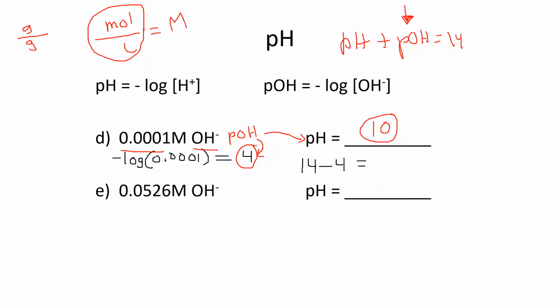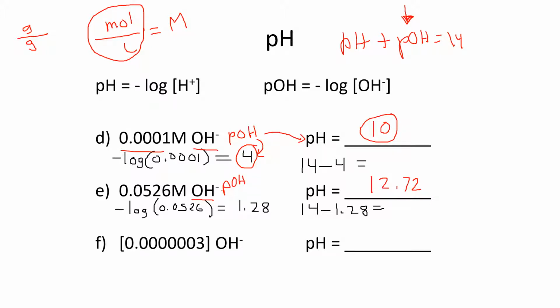All right, for E, same strategy. We're given base, so we've got to find pOH first, then indirectly solve for pH. So pOH is 1.28, so pH becomes 12.72. E, same thing. So instead of molar, we got brackets, which means the same thing.